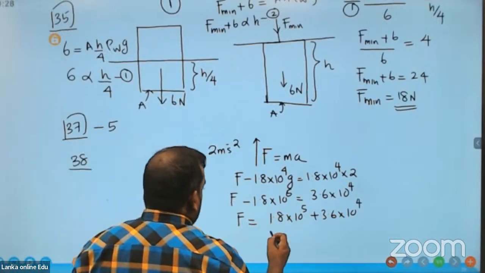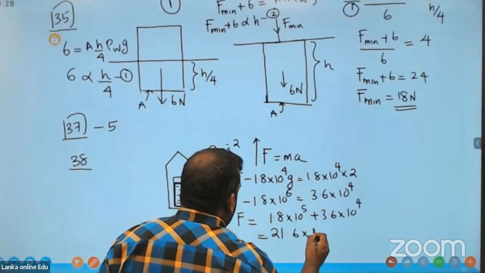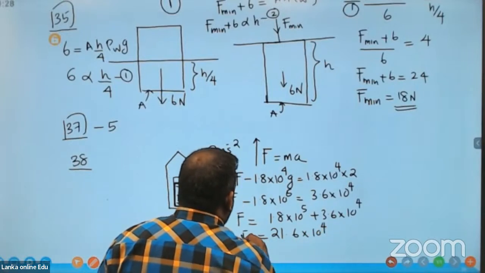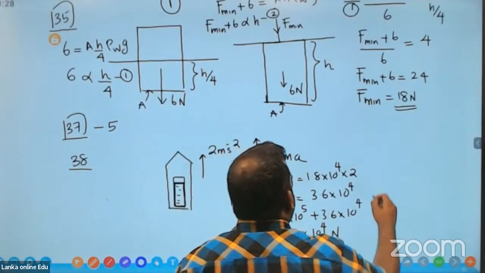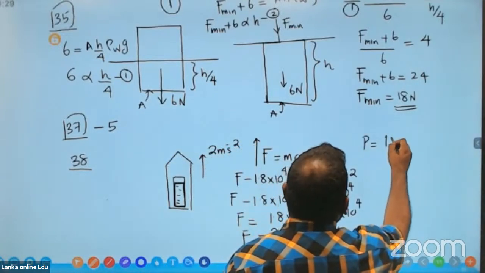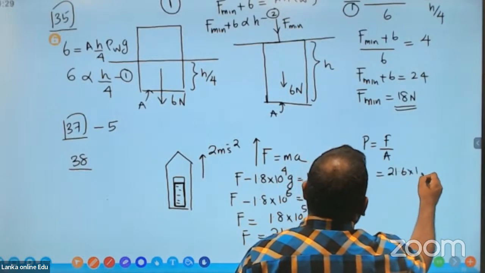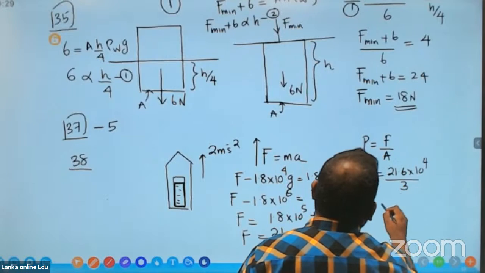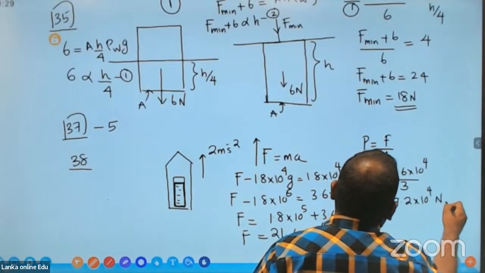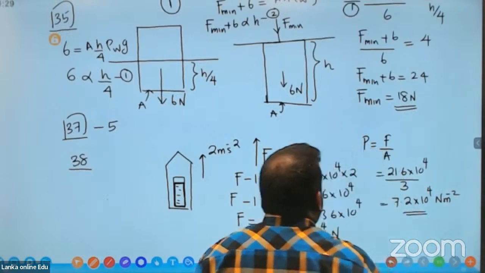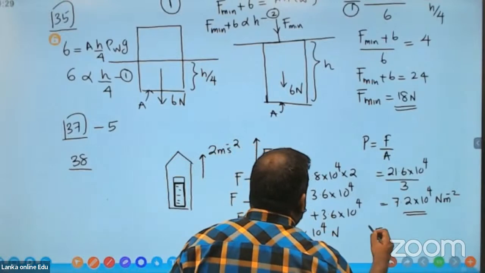That's about 18 plus 3, 21.6 10 to the power 4. That is the force acting at the bottom. So the pressure acting at the bottom there is force divided by area. 21.6 10 to the power 4 divided by 3 is 7.2 10 to the power 4 Newton per meter squared. Answer is answer number 5.